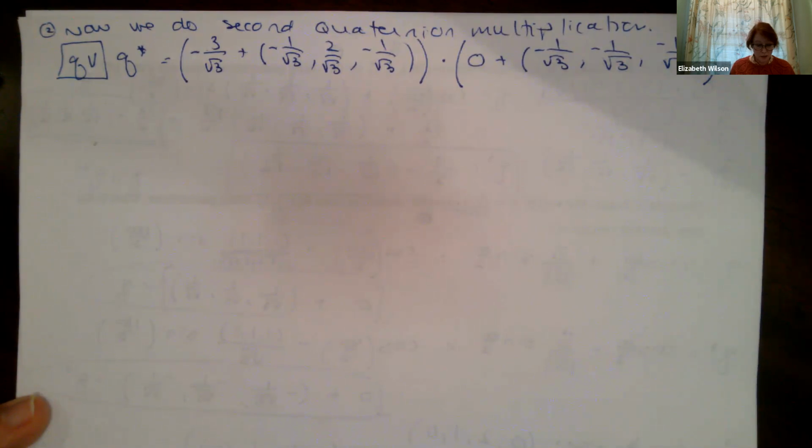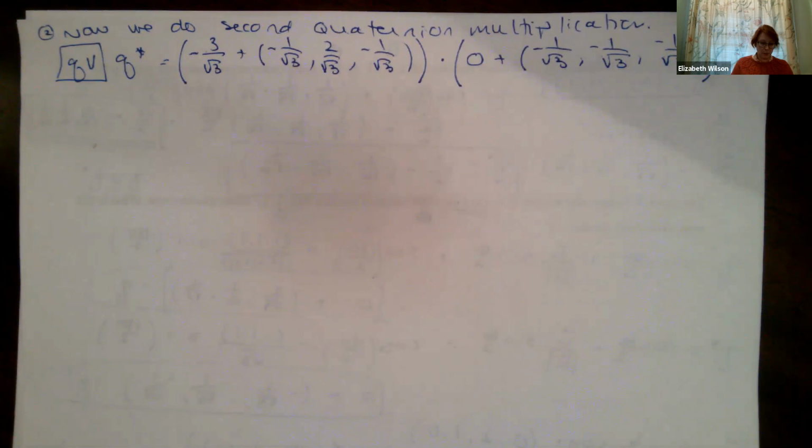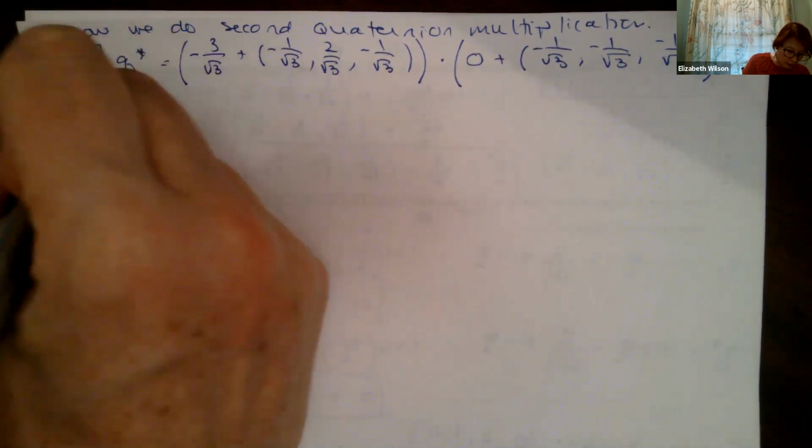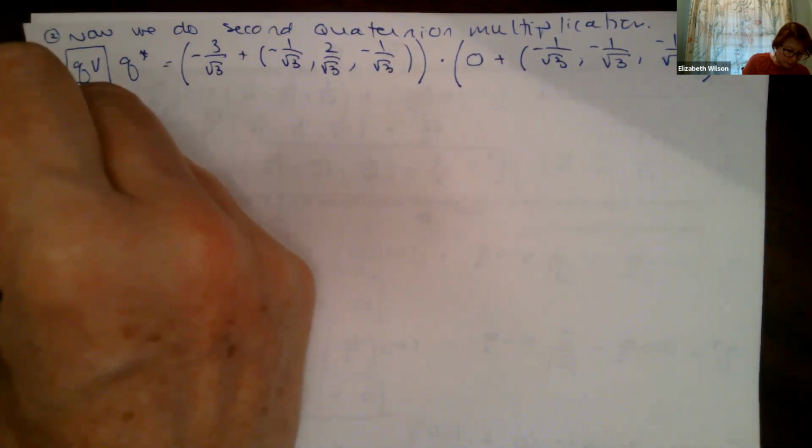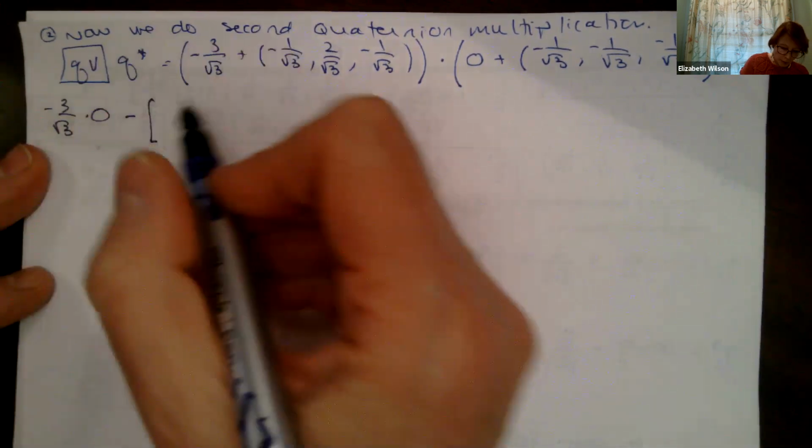Okay. And I get to multiply. I get to do the same thing that I just did. And I'm going to keep working through. Okay, so let's go ahead and do it. So we're going to do our scalar portions first. I'm going to do the dot products.